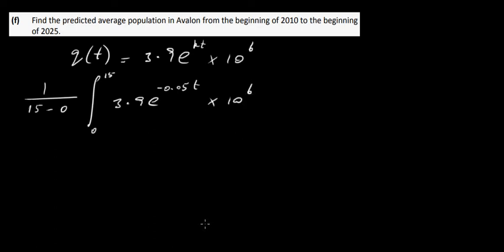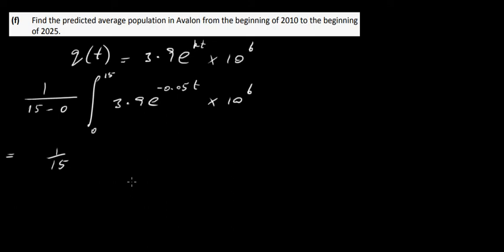And what we've got to do is work out what this t is here. We've got to work out the predicted average population from the beginning of 2010 to 2025. So we'll integrate this and we'll substitute in for t, and we'll find the average population. So let's do this. So we've got 1 over 15 here anyway.